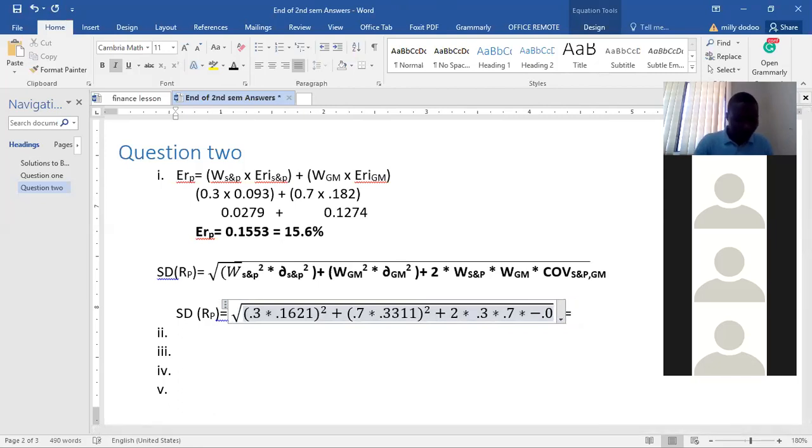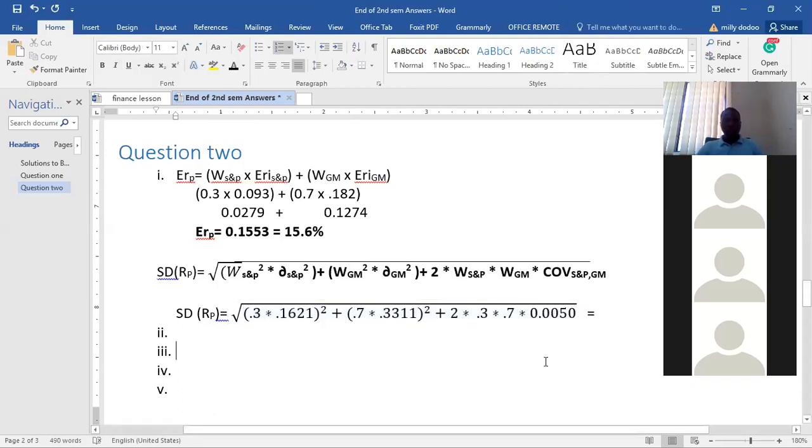The covariance between the two is 0.0050.